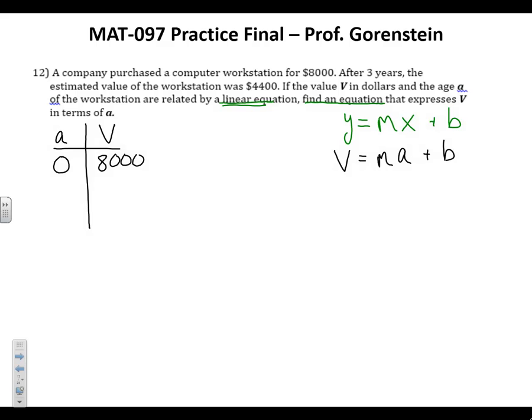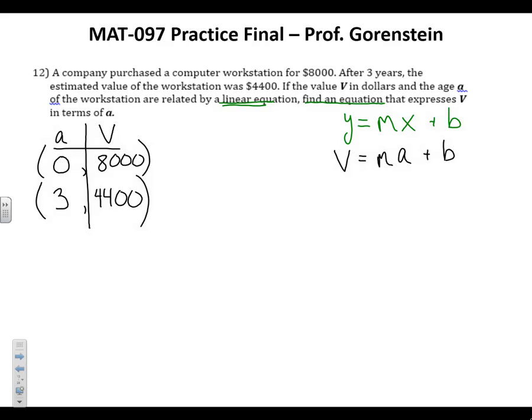After 3 years, so when the age is 3, the value has now decreased to 4,400. So a point is a coordinate pair or a pair of values x and y, or in this case a and v. So here are our 2 points. First point is 0 comma 8,000. Our second is 3 comma 4,400.